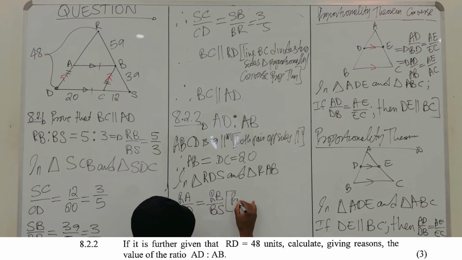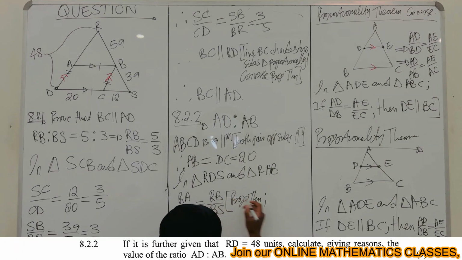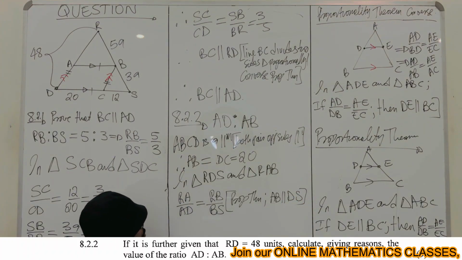Why? You can say this is the proportionality theorem, right? Because your AB is parallel to DS. We were told this.